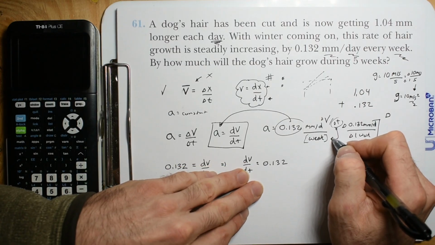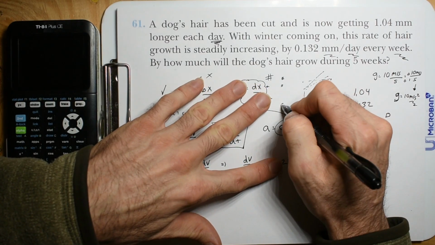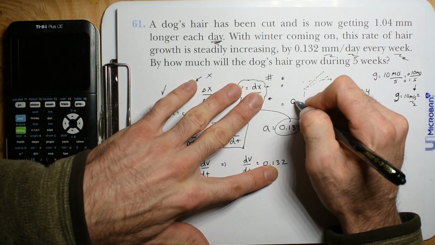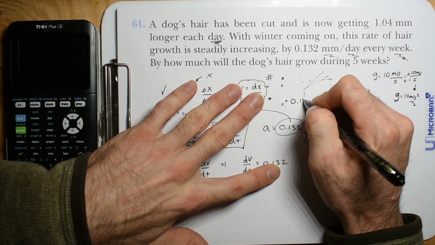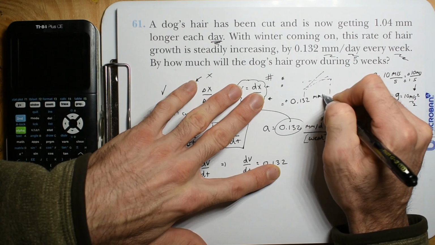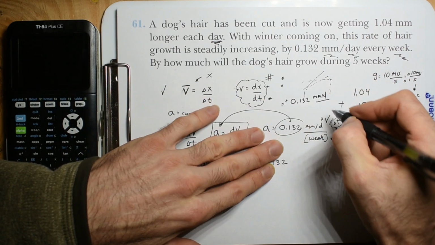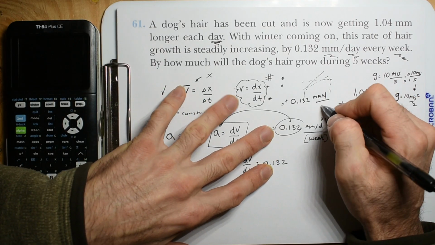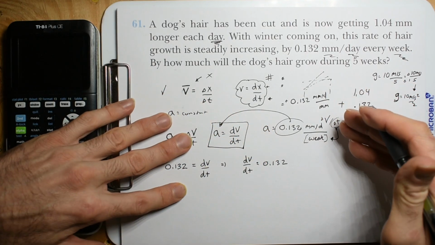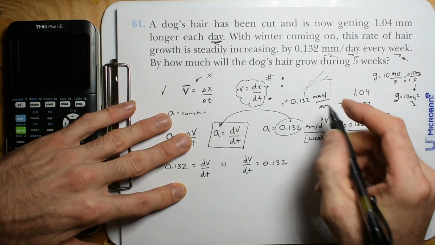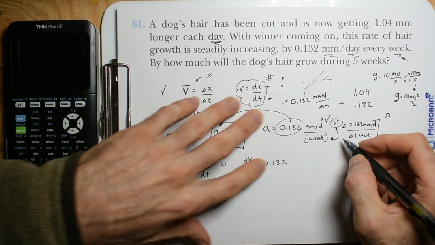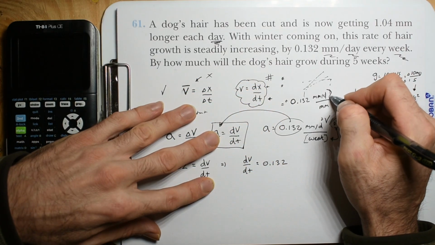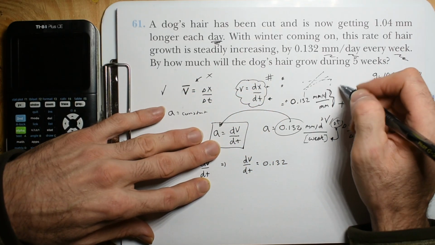So now, from the technical perspective, let's say the problem gave us an acceleration increase of 0.0132 millimeters per day per millimeter. So every time the hair grows, that would be really complicated.